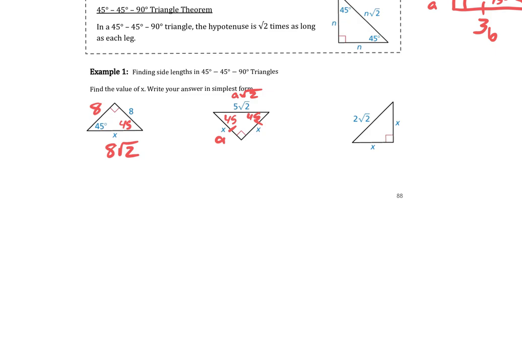If these 2 sides are the same, these 2 angles are the same. If these 2 angles are the same, these 2 sides are the same. It works either way, right? So what do you think the value of x is going to be here? 5. This is 5. This is 5. That's it. Both of them are the same.